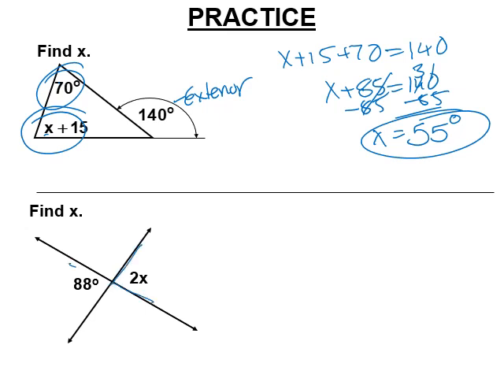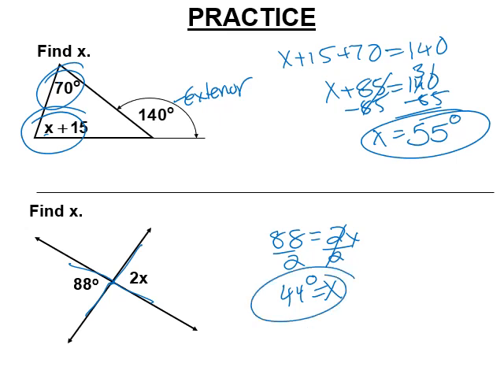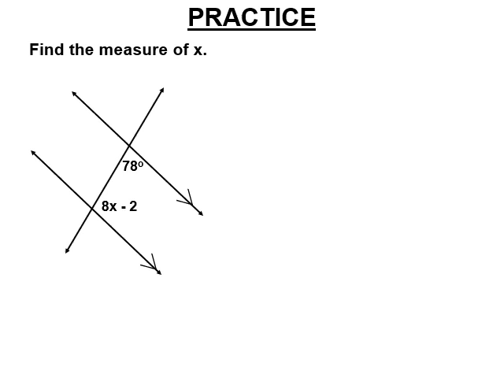Do those add up to 180, or are they equal to each other? They're equal to each other. They're vertical. So x is 44. Please, someone on the test is going to add those up to 180. Don't be that person. Corresponding angles, that corresponds, so it's the same measurement.